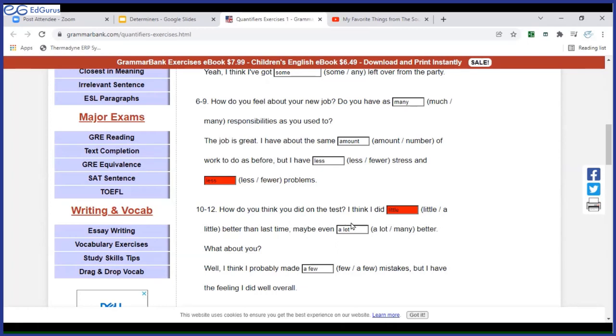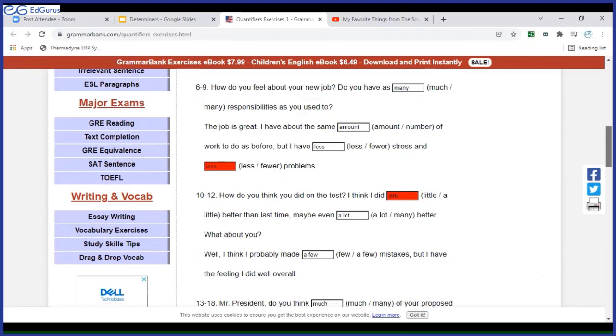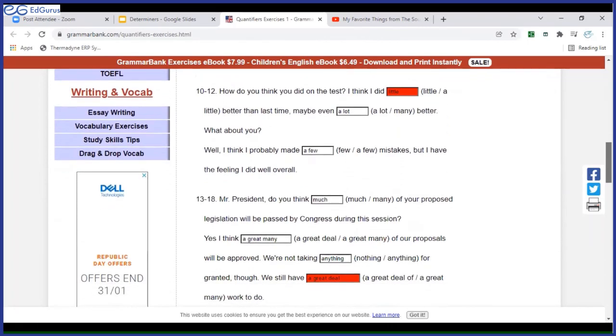How do you think you did on the test? I think I did little better than last time. It was a little better than last time. Maybe even a lot better. This I doubt. Why do they say little better or a little is the correct answer?